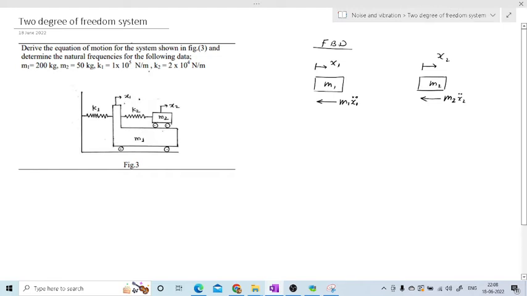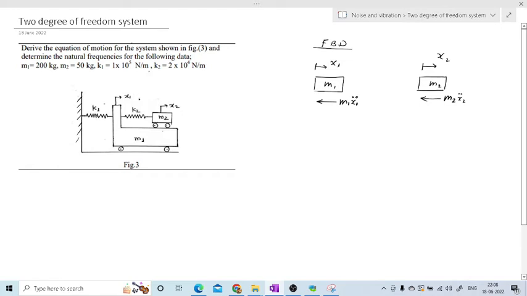Now we have to show the spring force. The spring force normally acts in the opposite direction to displacement. Consider this spring K1. This end is fixed, so K1 will elongate in the direction of displacement, that is, to the right side.